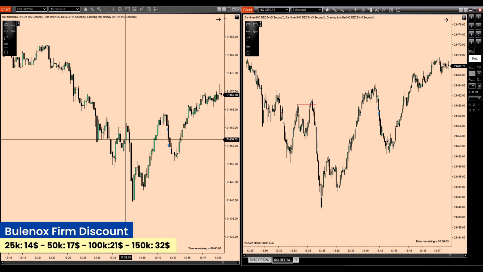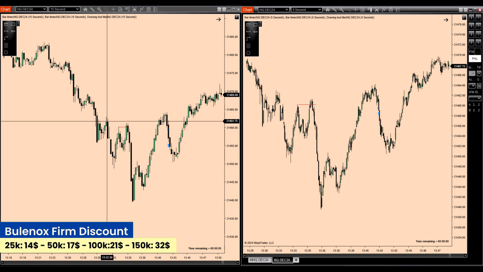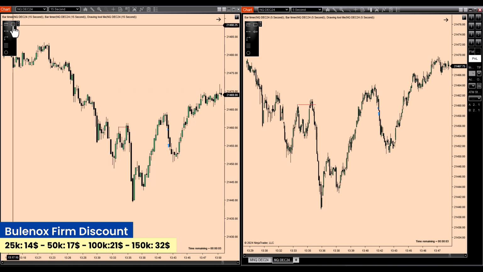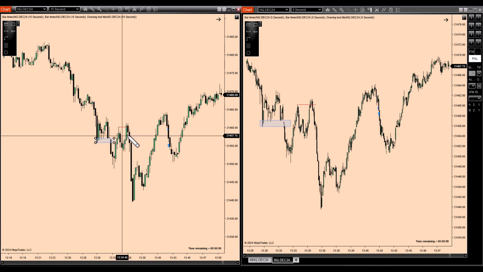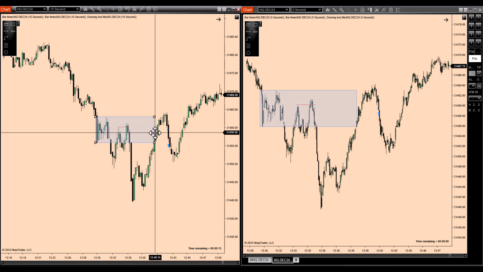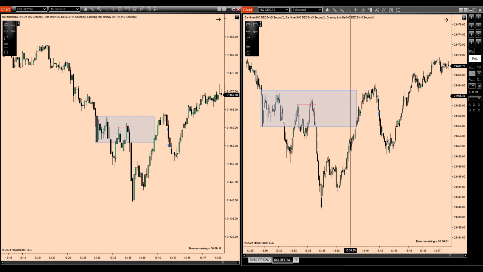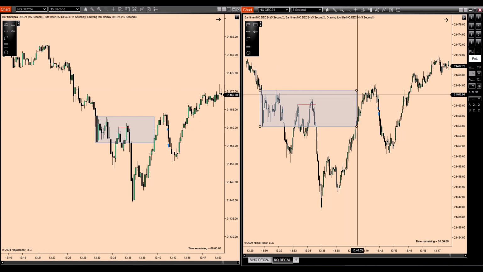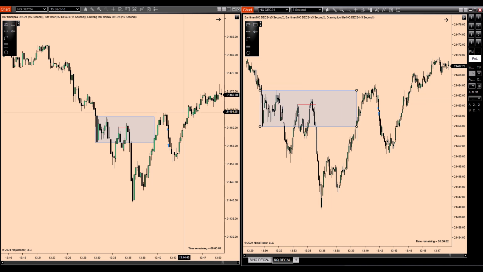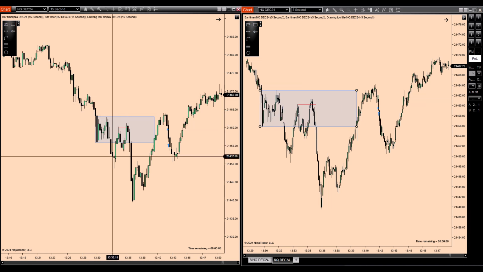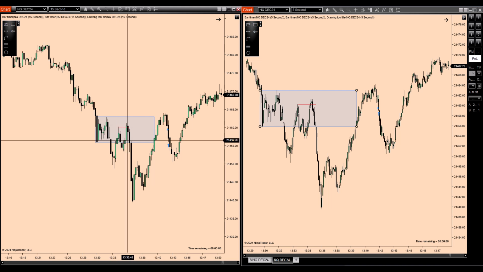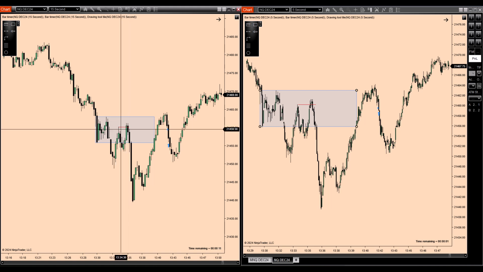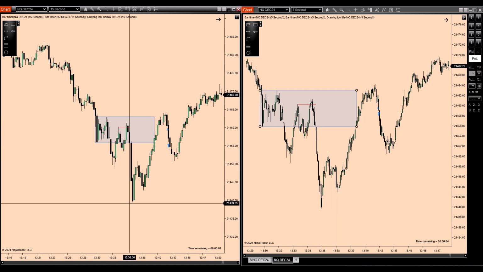Studying what happened before. So first of all, we have this zone right here. Let me draw it. Price traded to the downside, first top, second top, sweep. This was a sweep on maybe the 30-second, but this was a sweep right here. And then trading to the downside, right?